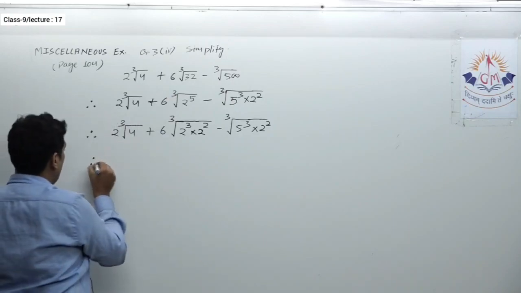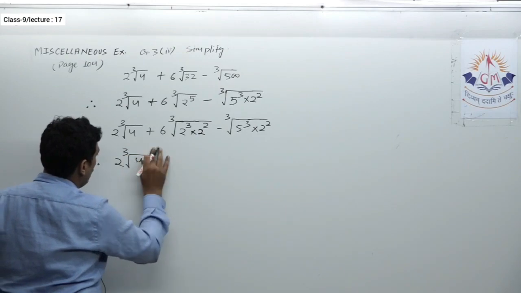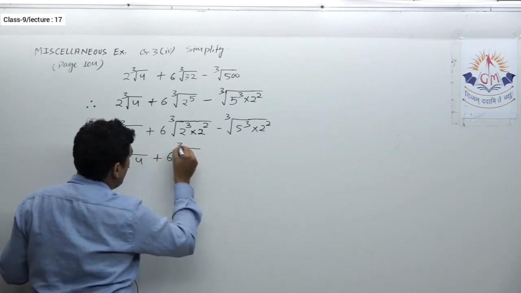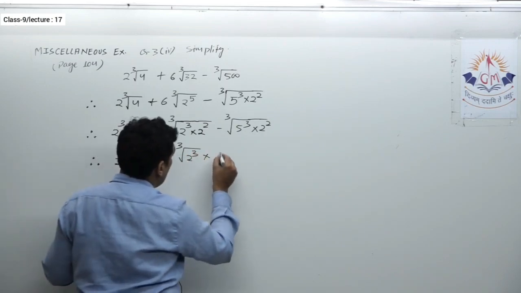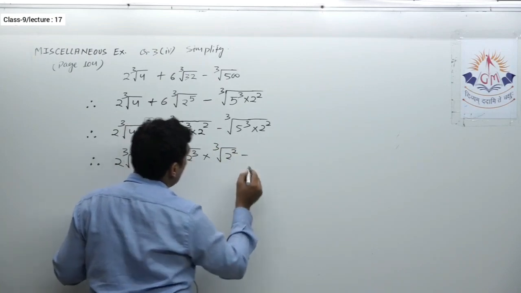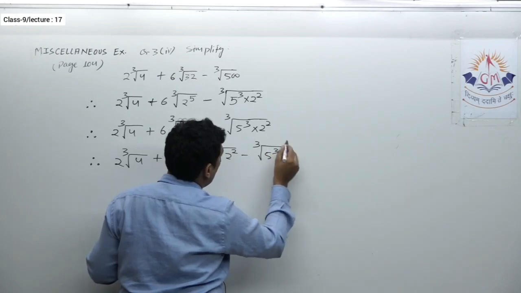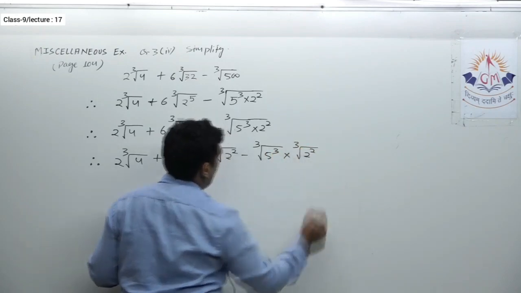That means I write 2 into cube root of 4 plus 6 into cube root of 2 cube into cube root of 2 square. Similarly here I write cube root of 5 cube multiplied by cube root of 2 square.